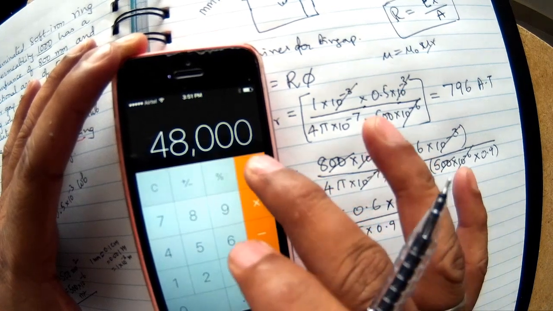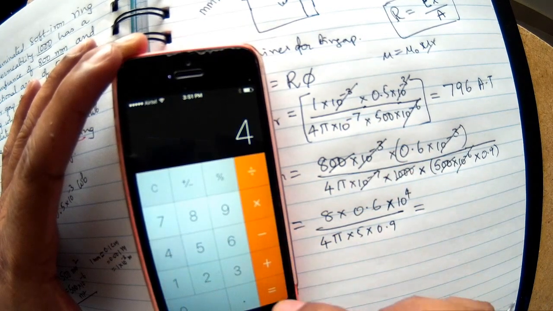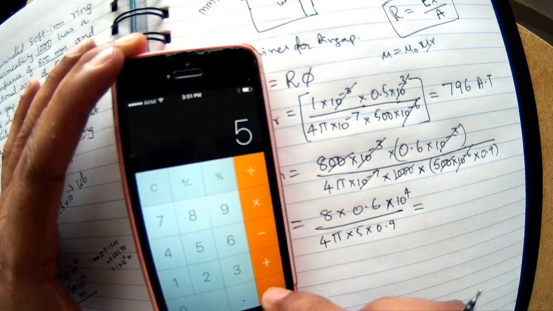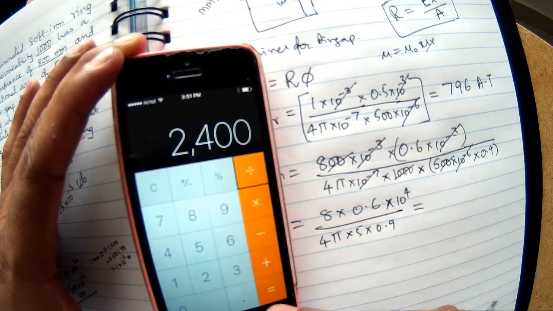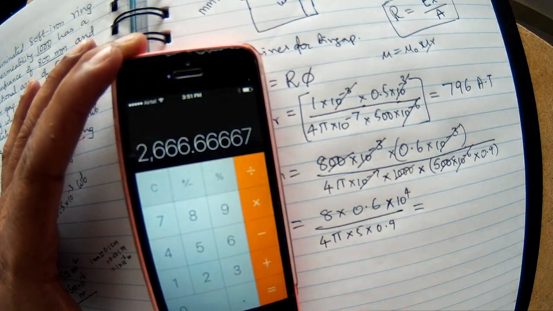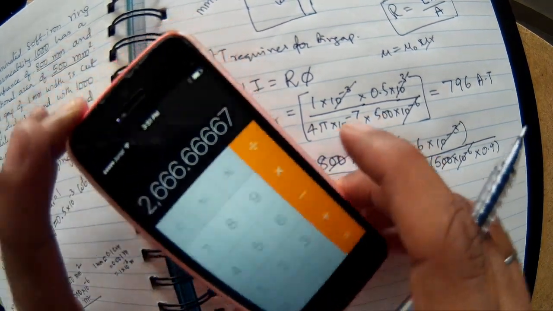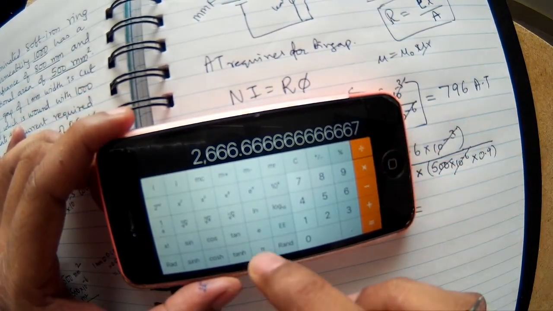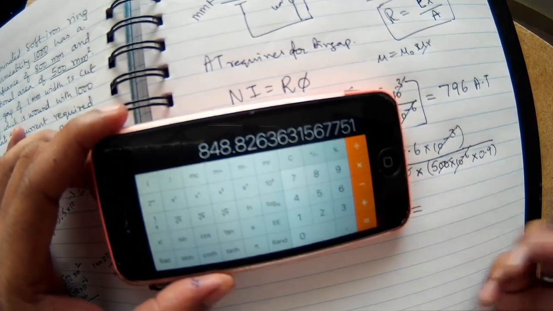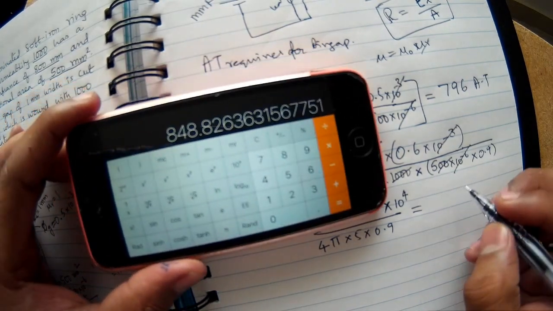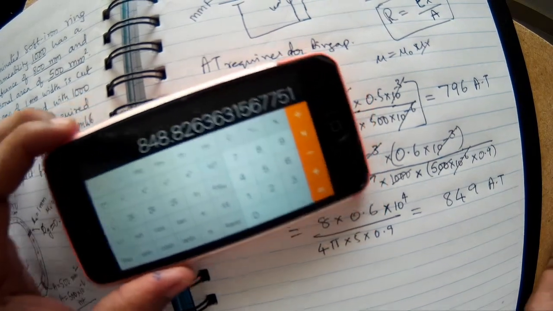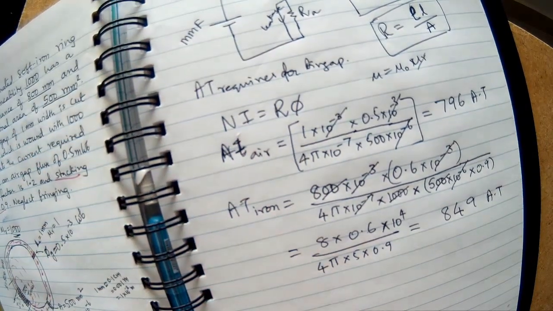So this entire thing divided by 4, divided by 5, divided by 0.9. Now I have to divide this by pi. So let's switch to divide by pi. So 848.8. So I'll approximate to 849 ampere turns. This is the ampere turns for the iron part.